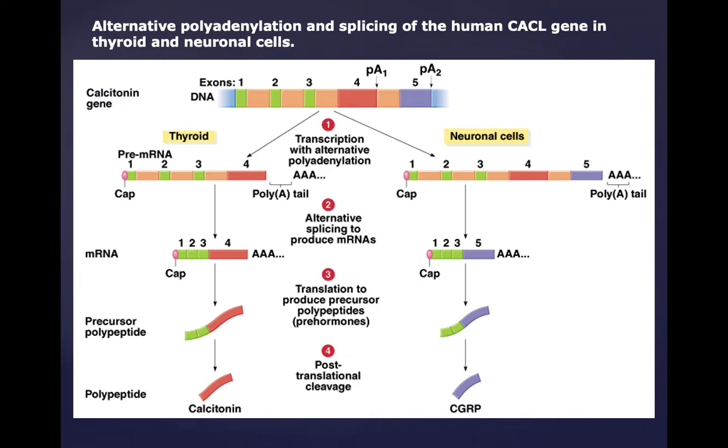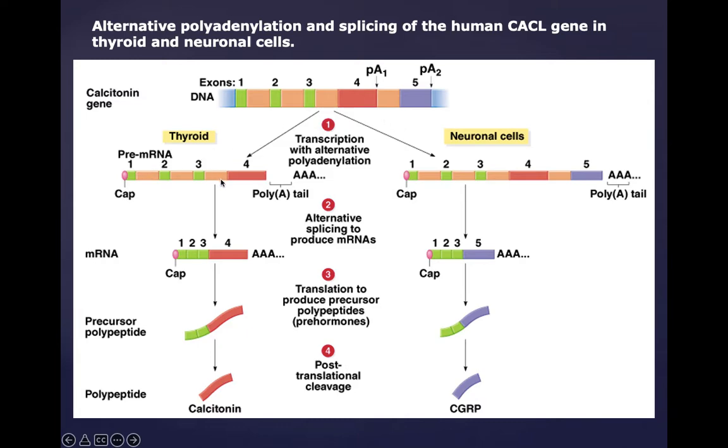Let's take the human calcitonin gene as the example. The calcitonin gene is represented here with a number of exons, exons 1 to 5, and in between we expect intervening regions, the ones colored orange. For our two systems, thyroid and neuronal cells, the pre-mRNA can be transcribed with alternative polyadenylation. So a poly A tail is added to specific portions.